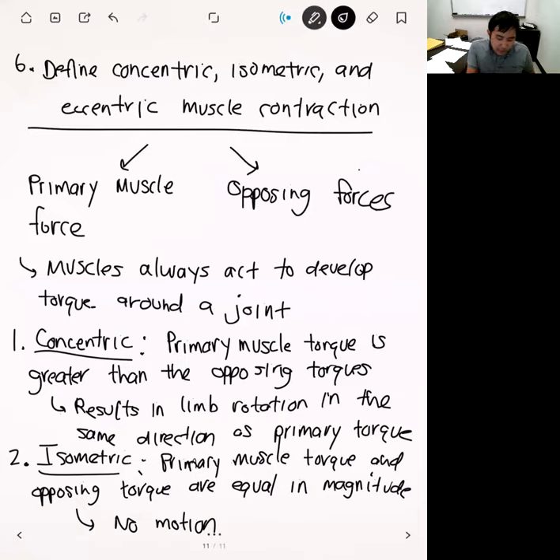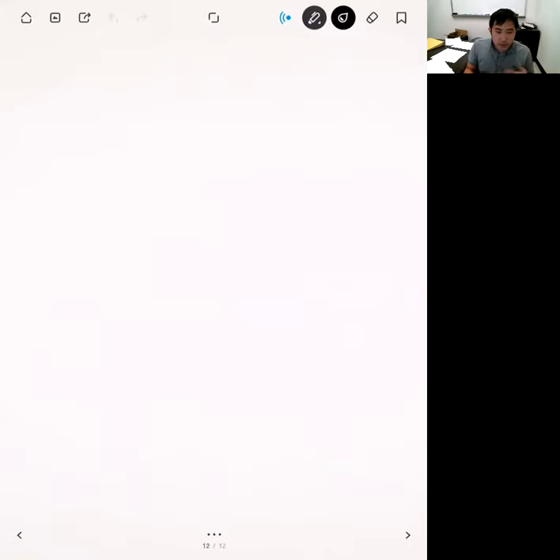So in concentric contraction, the primary muscle torque is greater. In isometric, they're equal. And just by process of elimination, we can say that eccentric muscle contraction is when the opposing torques are actually greater than the primary torque.